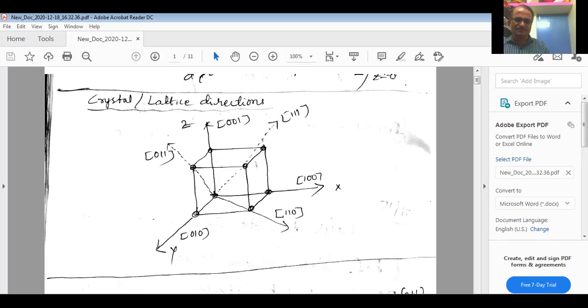And this is the 011 direction, in the yz plane, and this is the 111 direction, which passes through this corner atom, because this atom belongs to all the axes, all the planes, or it is at the middle of this three-dimensional coordinate axis, so all coordinates are there, therefore this is called the 111 direction.